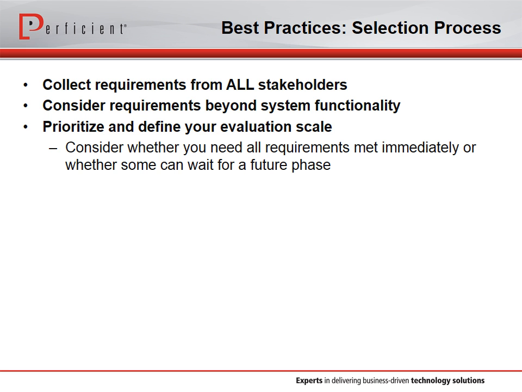Develop a scale, such as 0 to 5, 5 being meets the requirement exactly, versus 0, the system doesn't meet that requirement. If you use some sort of rating system like this, you'll ensure objectivity, and a system that truly meets your needs will hopefully present itself through that process.